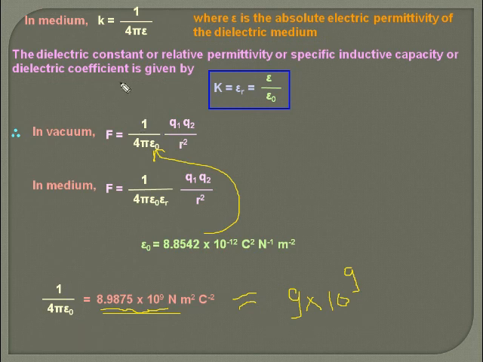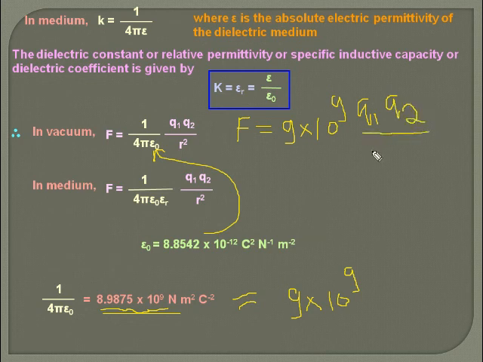So in vacuum, the force of attraction and repulsion between two charges can be written as 9 into 10 to the power 9 times q1, the magnitude of the first charge, and q2, the magnitude of the second charge, divided by the square of separation between them.